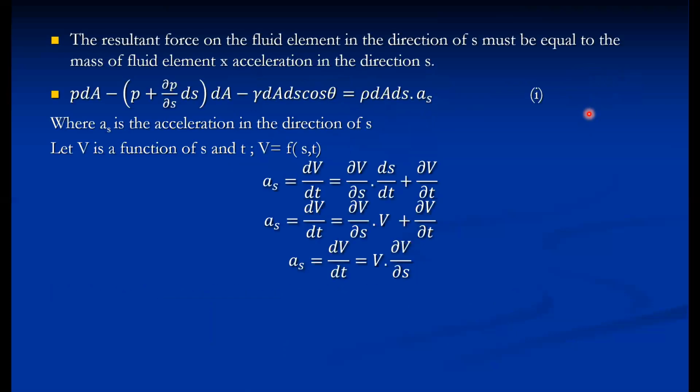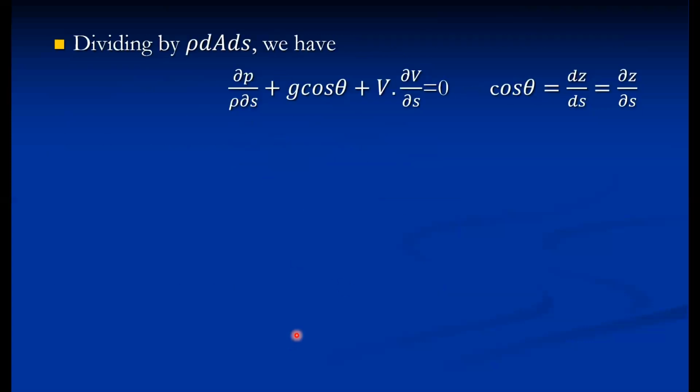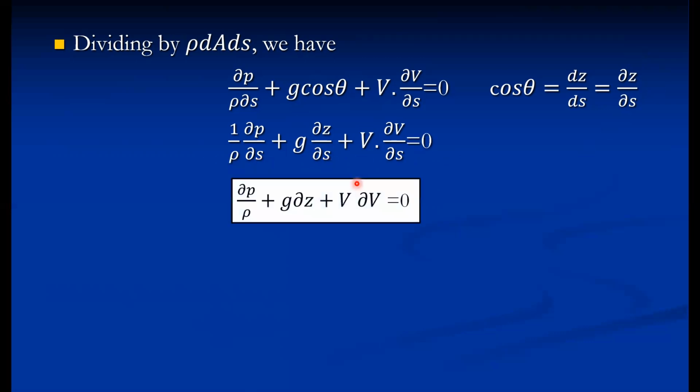If we go to the first diagram here, cos theta is equal to dz/ds, or it can be written as ∂z/∂s. Putting this value, instead of cos theta we can put ∂z/∂s. Now multiplying both sides by ∂s, we get this expression: ∂p/rho plus g ∂z plus v ∂v, equal to 0.